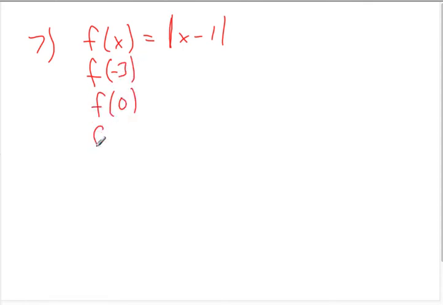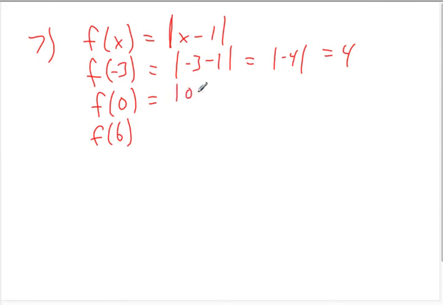All right, number 7. We have f of x equals absolute value of x minus 1. Now this whole thing is in the absolute value, so we're going to have to do all of that first before we make it positive. All right, so we're going to plug in negative 3, and we get absolute value of negative 4, which then becomes 4 at the end.